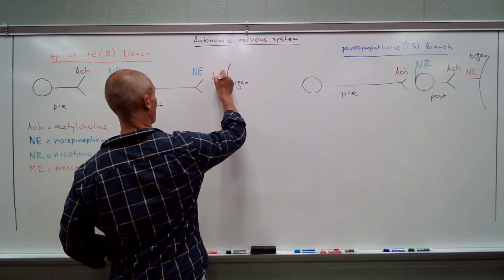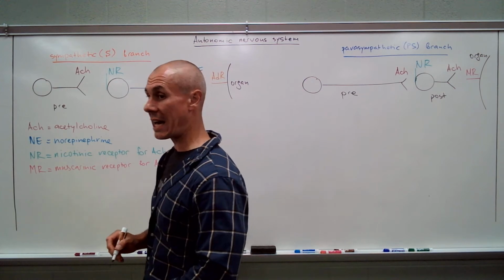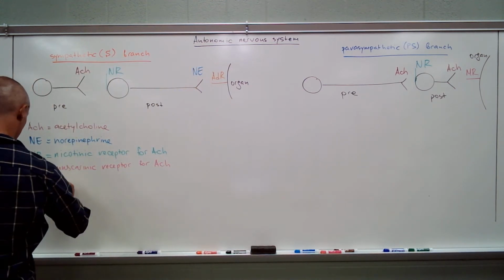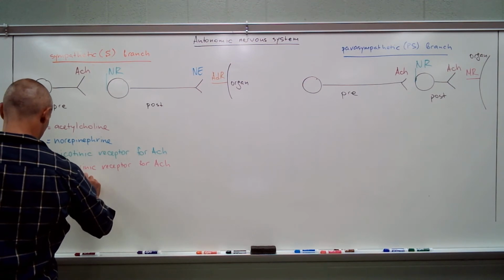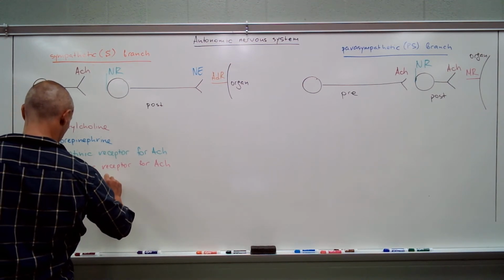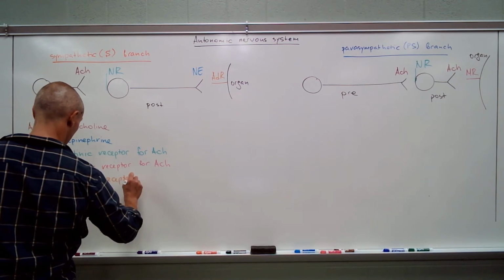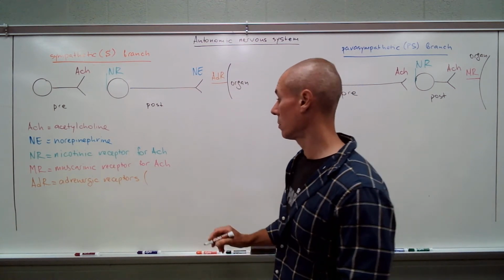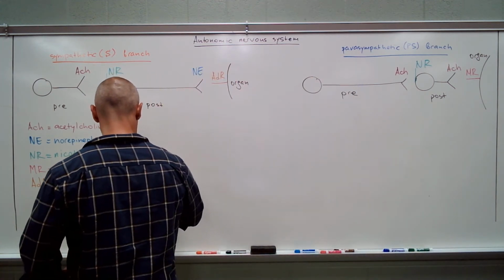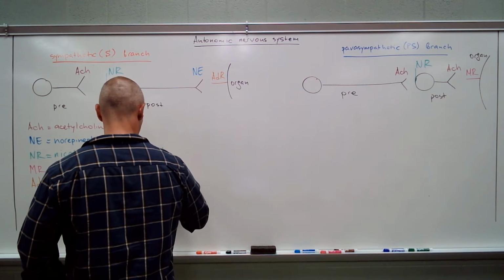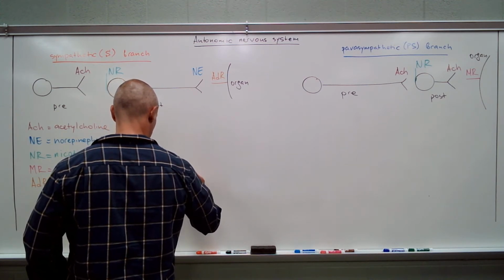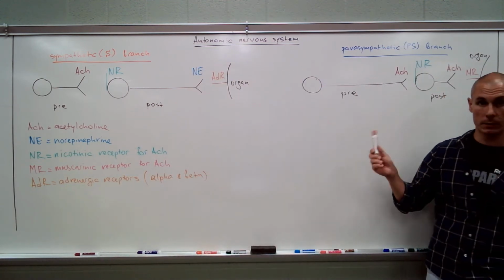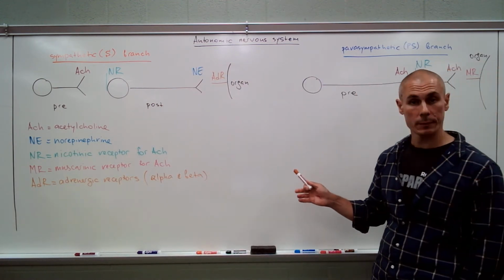The receptor here is going to be adrenergic. There are two big types of adrenergic receptors, alpha and beta. Okay, we're good so far in this part? All right? Clear?